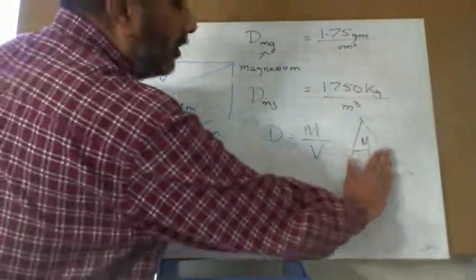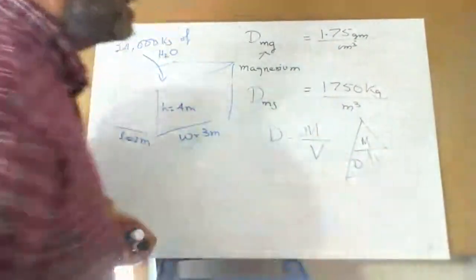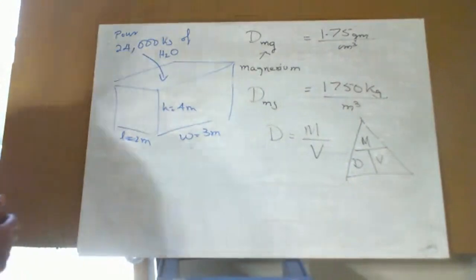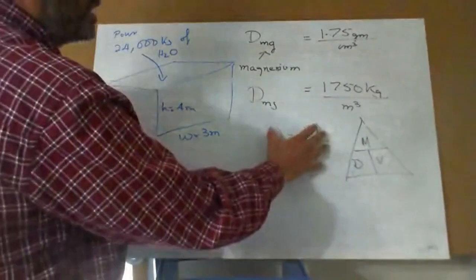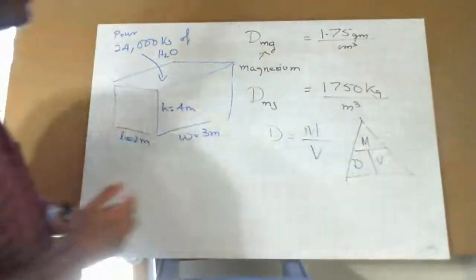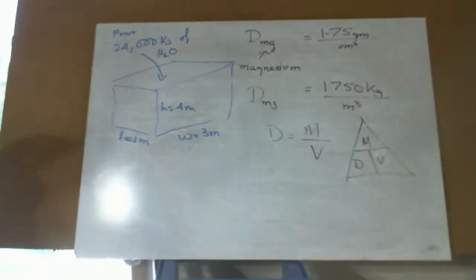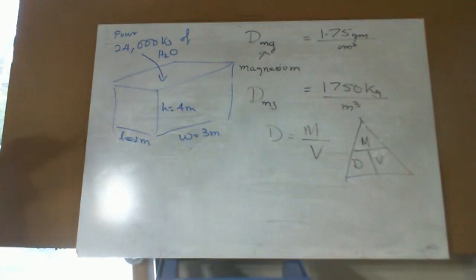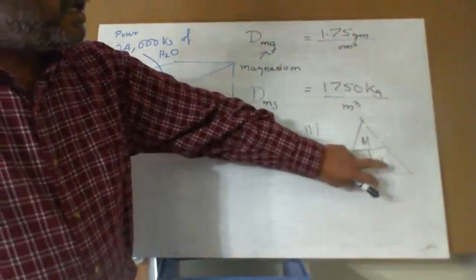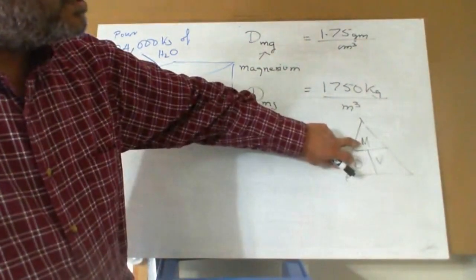If I want to find the volume, you cover the volume, it will be mass divided by density, right? So if you know D is equal to M over V, you can figure out how to find the mass and the volume. If you're given the density and you know the volume, then you can find the mass.